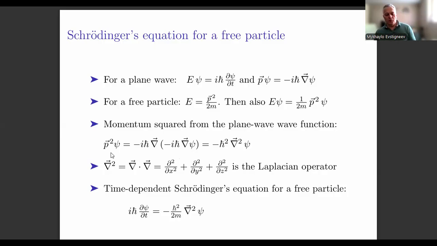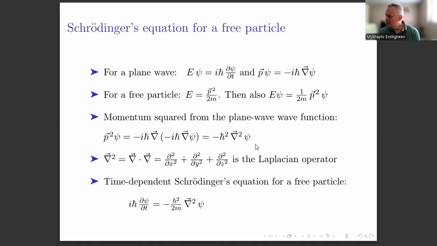So momentum squared multiplying psi is negative h bar squared times Laplacian psi, gradient squared psi, where gradient squared or Laplacian is defined like this. So combining this expression for p squared psi and this expression for E psi in terms of p squared psi, we finally obtain the celebrated Schrödinger equation for a free particle: i h bar times the partial time derivative of the wave function equals negative h bar squared over 2m times the Laplacian of the wave function.